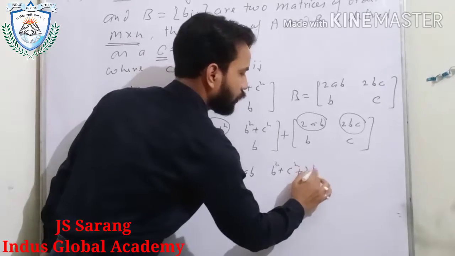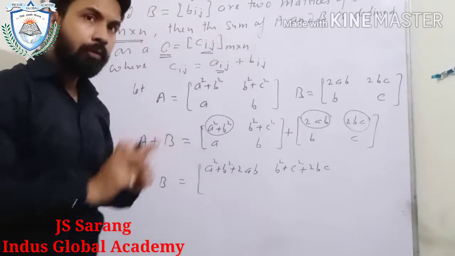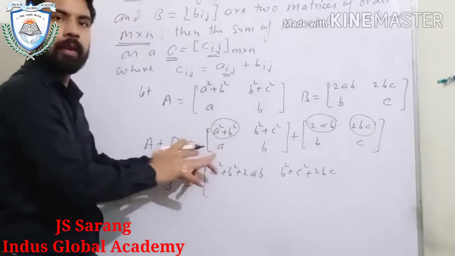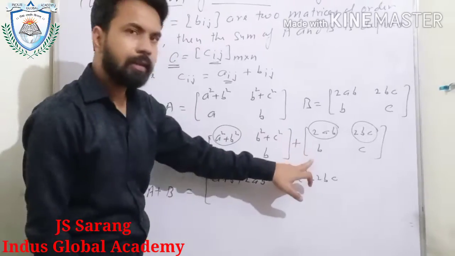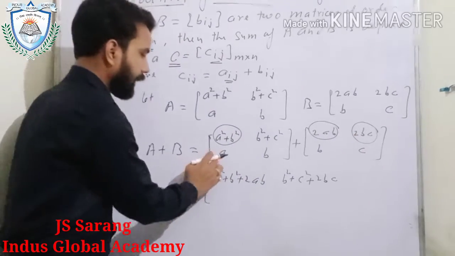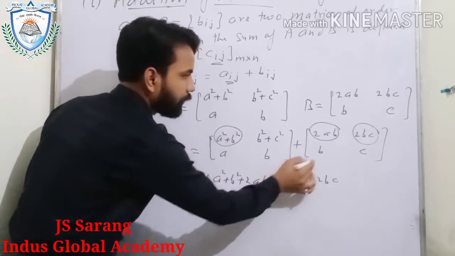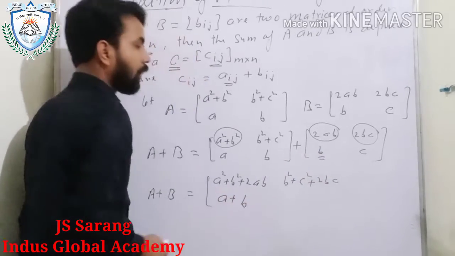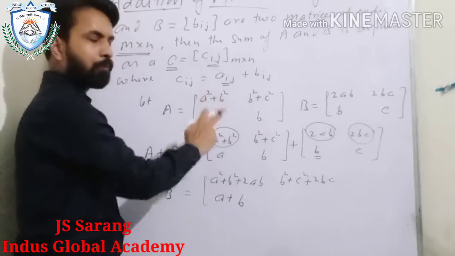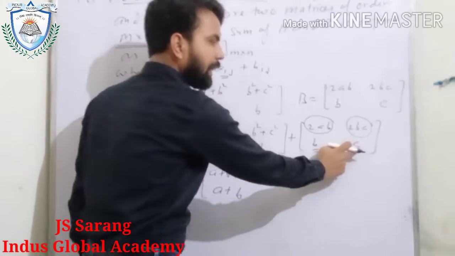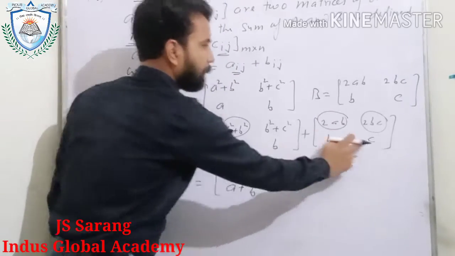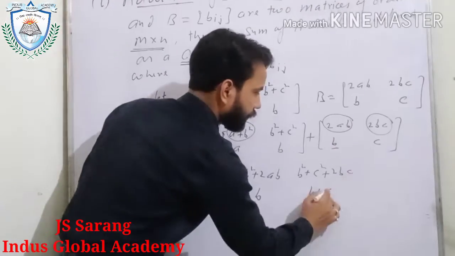So plus 2BC. Now we will add the first element of the second row of the first bracket to the first element of the second row of the second bracket, so that is A is added to B. Now the second element of the second row of the first bracket will be added to the second element of the second row of the second bracket, that is B plus C.